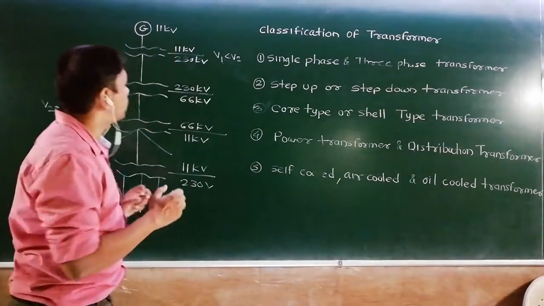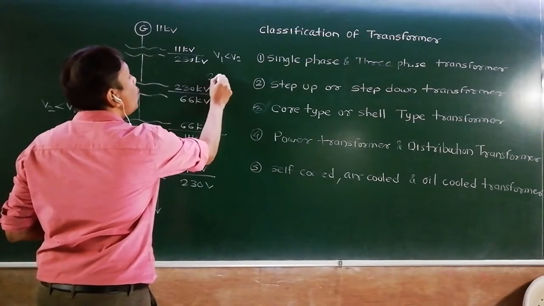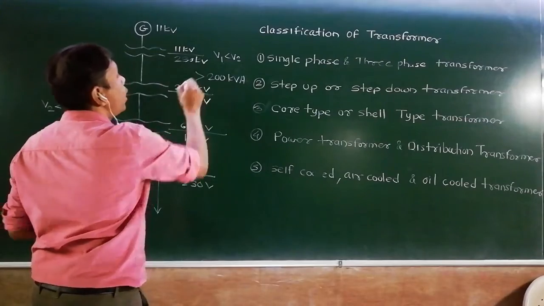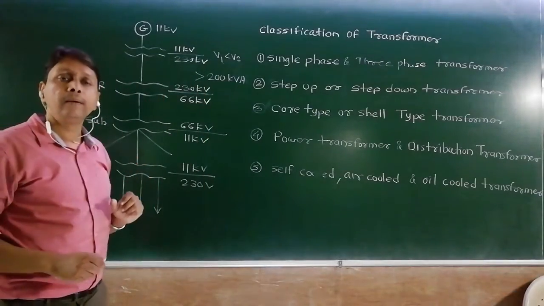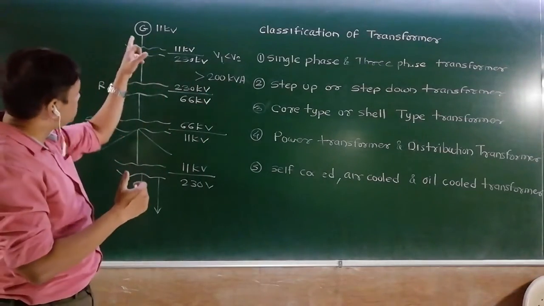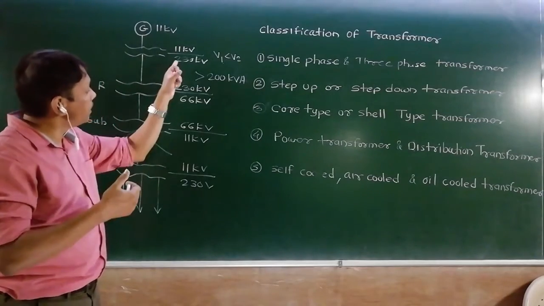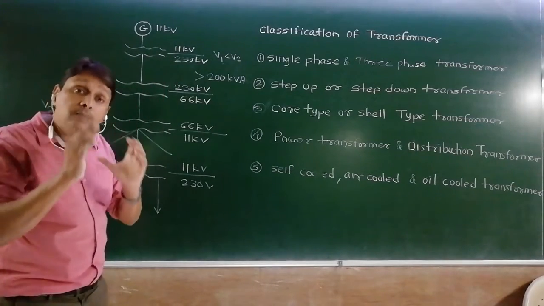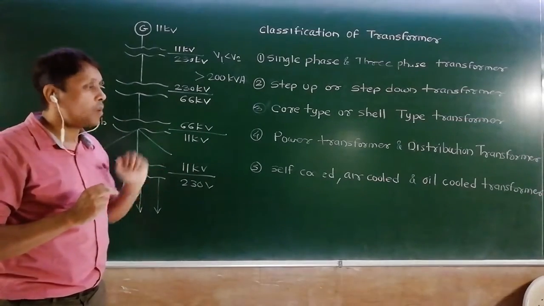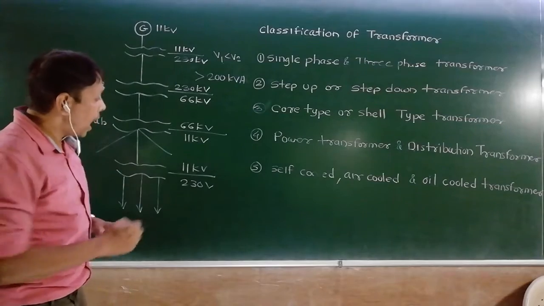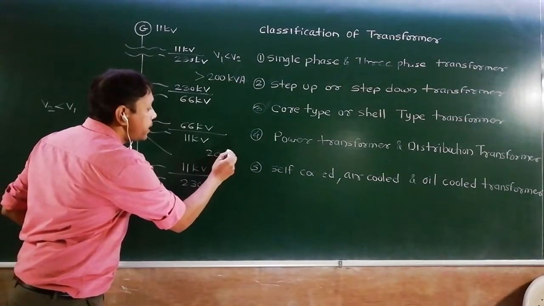A transformer having a rating more than 200 kVA, how much? More than 200 kVA. They are used at generating stations, receiving stations, and substations, maybe for stepping up or stepping down transmission voltage, and are called power transformers. And distribution transformers are those having a rating of less than 200 kVA.